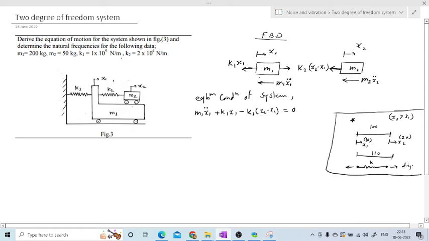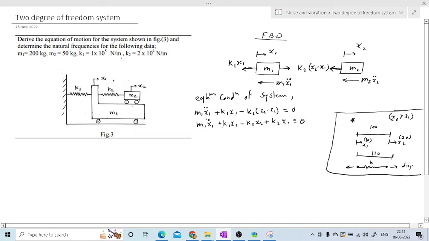But I'm going to modify this differential equation. Here we have x1, here we have x1, so I'll take the x1 term common. For that I'm going to multiply this k2 inside the bracket. So this will become k2 x2, and minus minus plus k2 x1 is equal to 0.